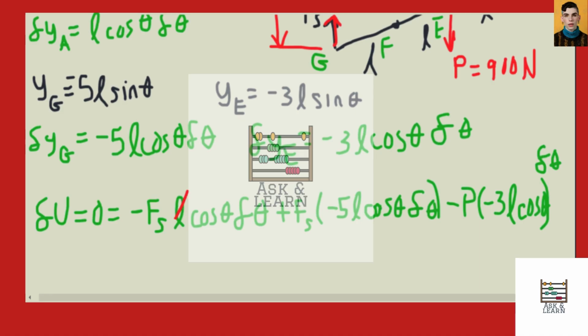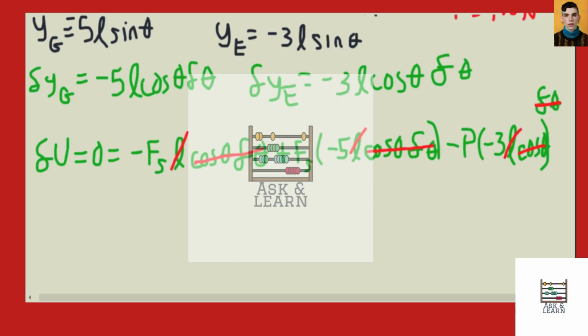L, L, L. That cancels out. Cosine theta delta theta, cosine theta delta theta, cosine theta delta theta. That cancels out also. So now it says negative F sub S minus 5 F sub S. That would be negative 6 F sub S. So I'm going to write 6 F sub S, and that's going to equal 3P.